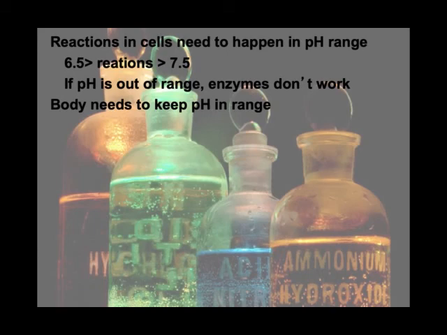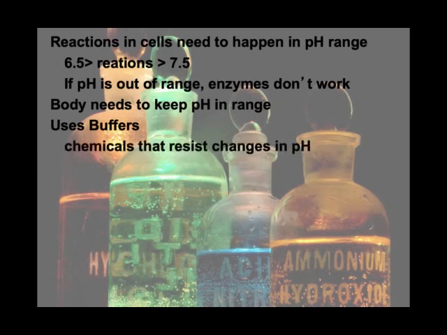As soon as you drink a soda and the acid starts to be absorbed into your bloodstream, your body reacts to that. It's one of those reacts-to-stimuli things, like a characteristic of life. So your body has chemicals called buffers. It's a broad category. There are many different types of buffers. And what a buffer does is it resists changes in pH.